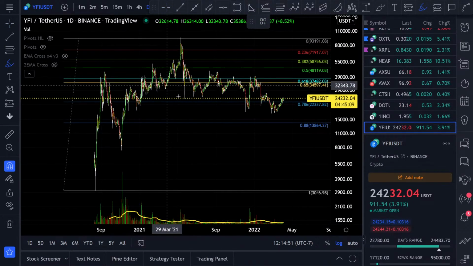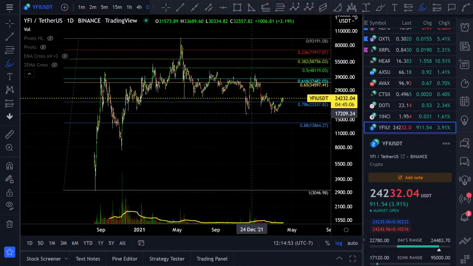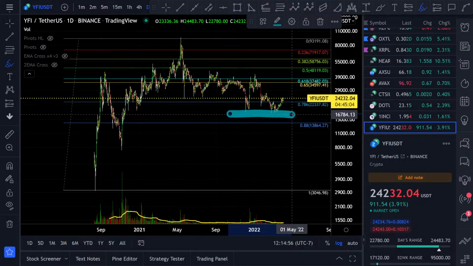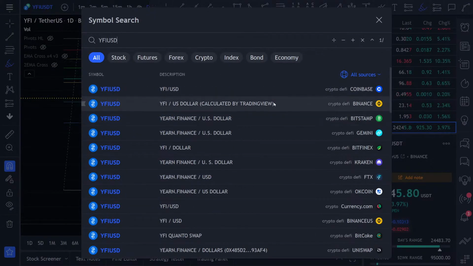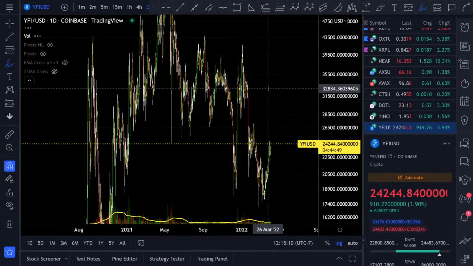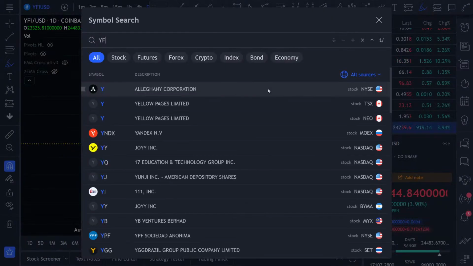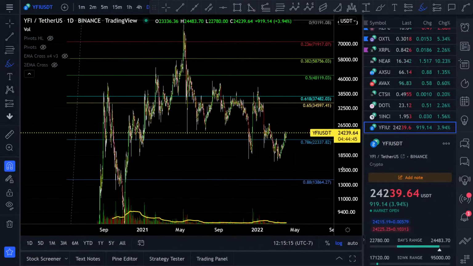So again, if we're talking about trend, it's still in a downtrend. It did find its support above. $24,245. Why does that number sound so huge? Okay. All right.